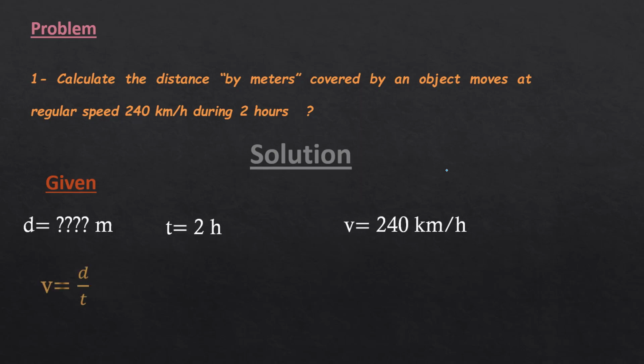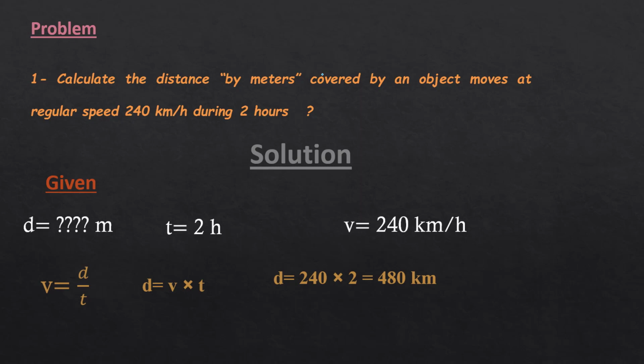We know that the law of speed is distance over time, so we can calculate the distance by this relation: v times time. So it will be v here 240 and the time is 2 hours, so the distance will be 480 kilometers.